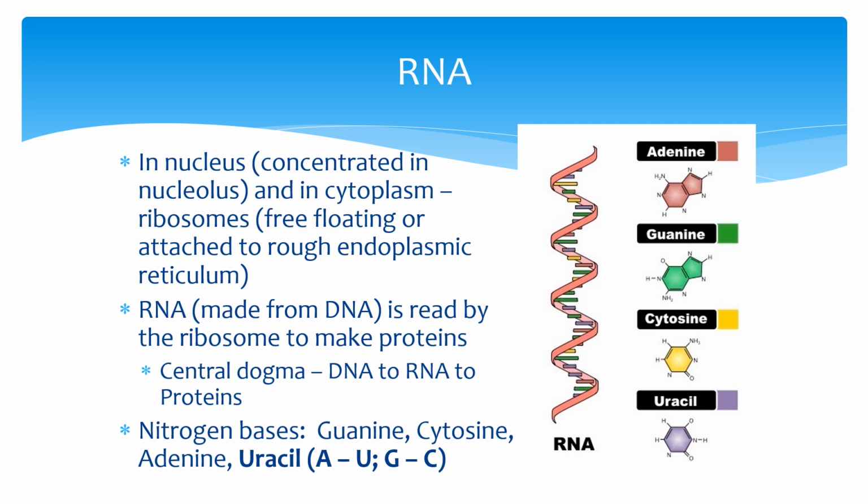It just depends on what's happening within the cell as far as where the RNA is going to be. Remember that RNA is made from DNA through transcription, right? And that means that through that copying process, we go from DNA, which is double-stranded, to RNA, which is single-stranded.